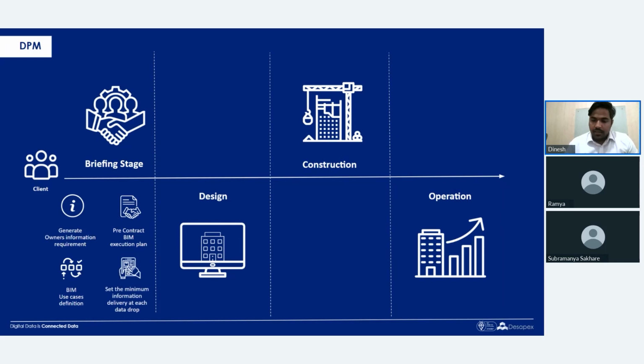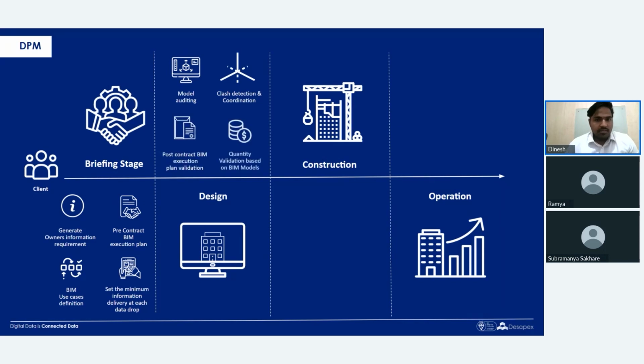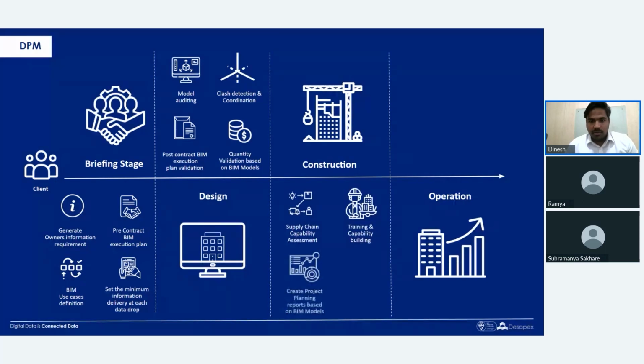And then when it comes to design, the model auditing, the clash coordination, and then post BIM execution plans, quantity validation of the BIM models. And during the construction, yes, training capabilities, supply chain management, creating project plan reports based on plan versus actual, construction progress monitoring, all those services.